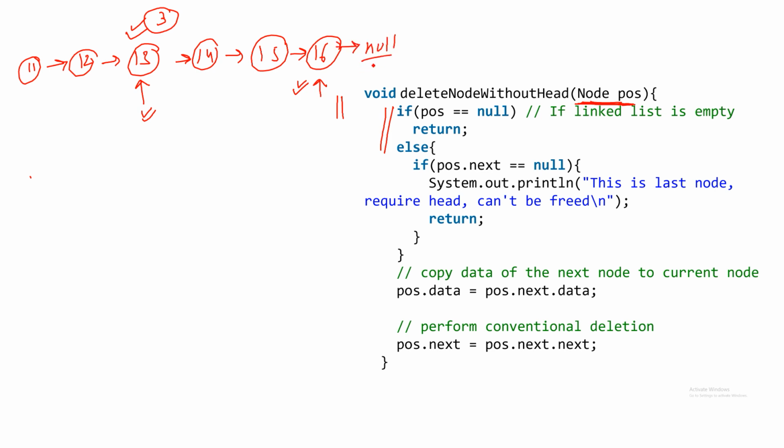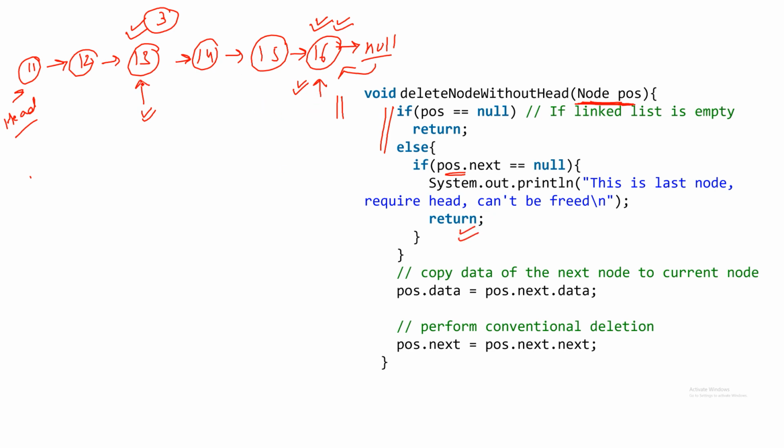And because we don't have any value after this, this is a scenario which we cannot handle if we don't know what the head of this linked list is. Okay, so if you are given the end node of that linked list, we cannot perform this operation. So this is one case where if the node given to us is basically the end node, we cannot delete that node and we have to return it.